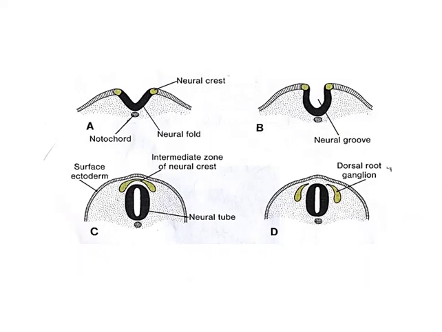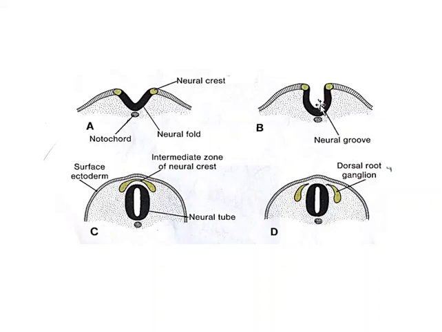This figure also shows a section in the area of formation of the neural tube. This is the notochord, this is the neural plate, and here we have the neural crest and the neural fold, which form the neural groove.